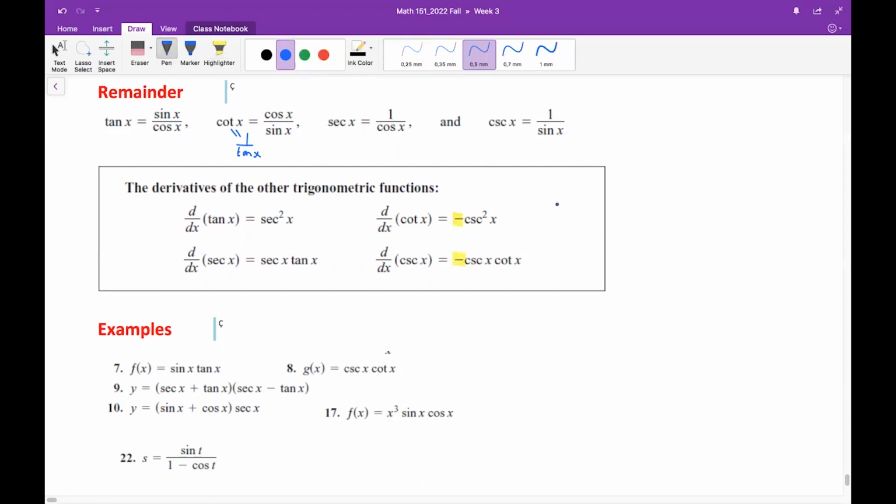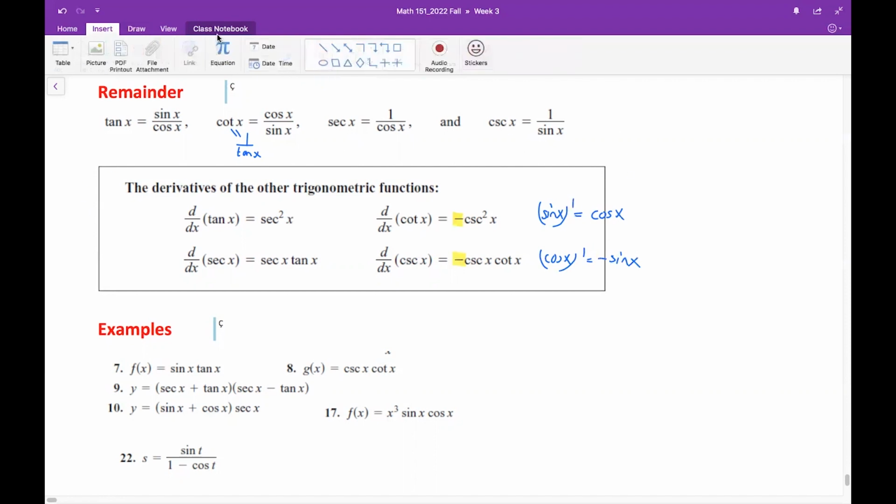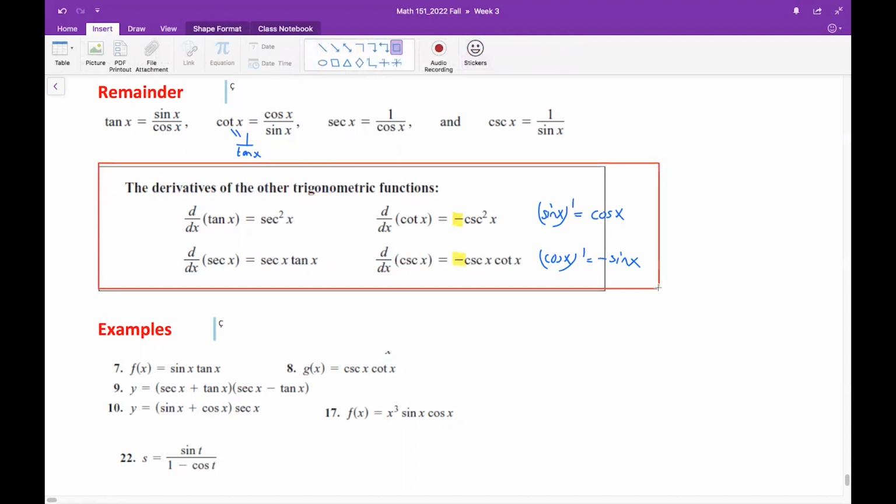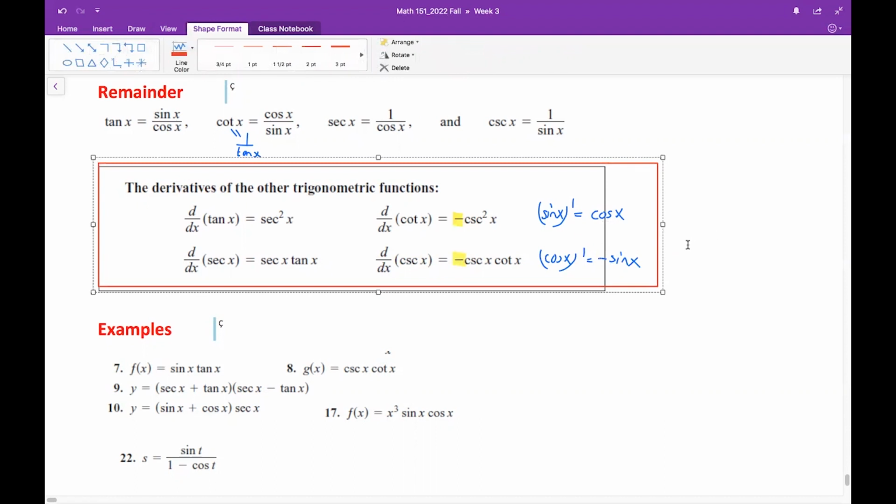And if I add 2 more items that we have already covered to this box, which are sine x derived as cosine x, and cosine x derived as minus sine x, then this box will be a complete one for the differentiation rules of the 6 basic trigonometric functions, okay?